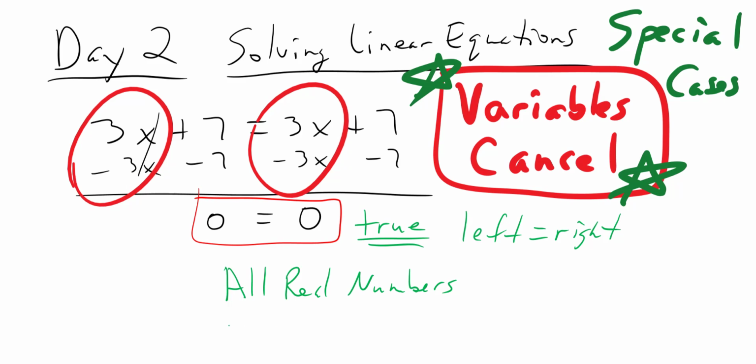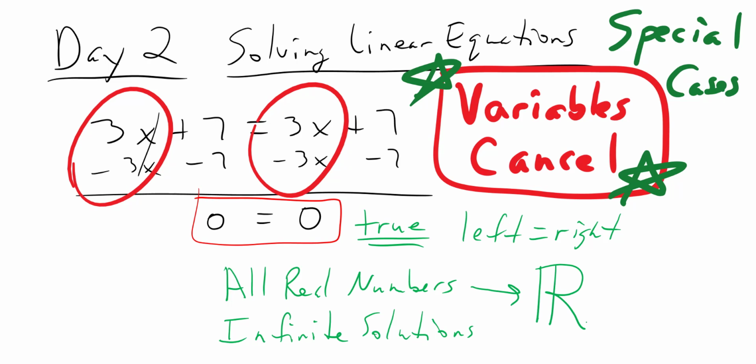You can say infinite solutions. And instead of saying all real numbers, you can use the double-bar R, which stands for all real solutions. What this means is any solution works for this, no matter what.